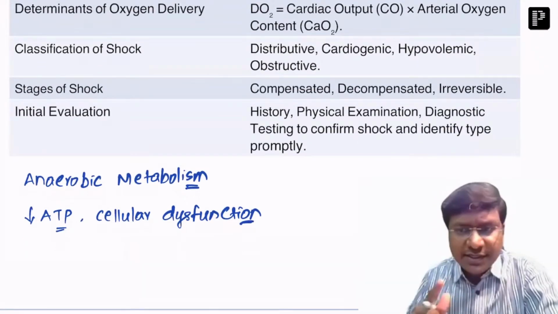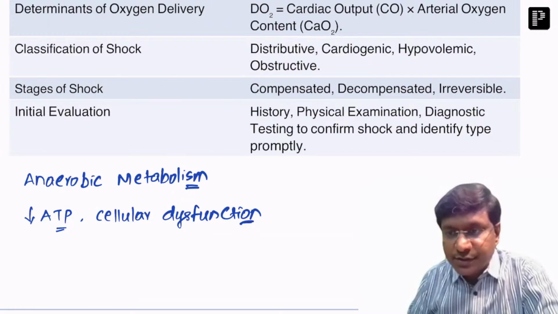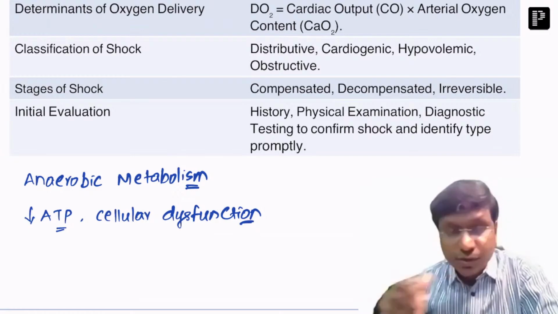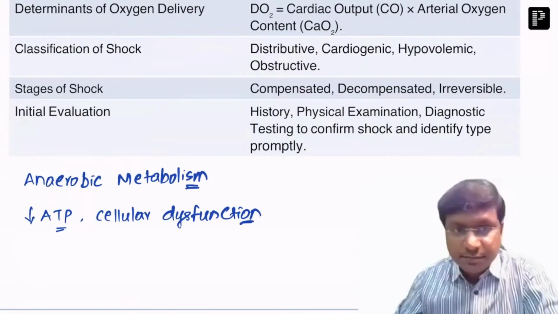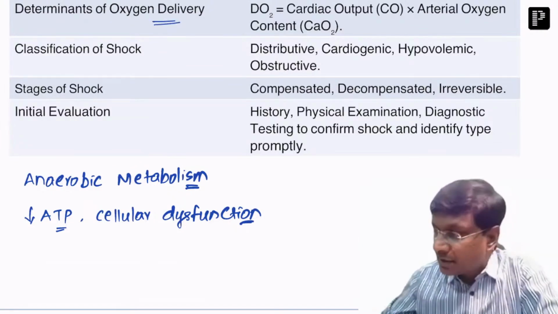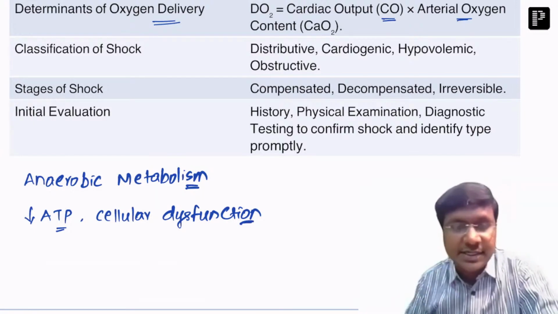Now, what are the important determinants of oxygen delivery? They are the cardiac output and the arterial oxygen content.